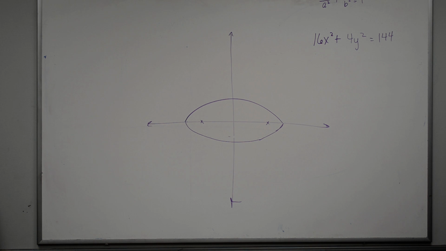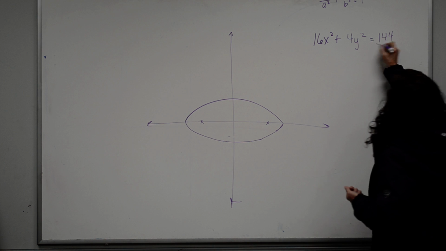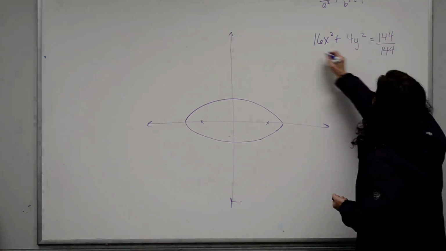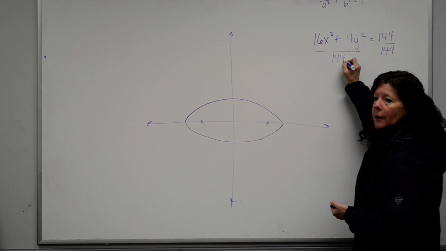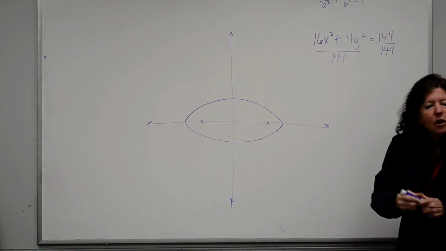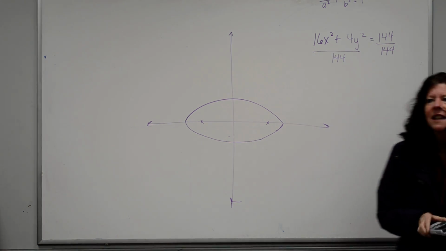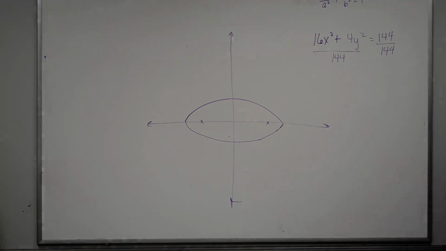I subtract 143 from it, but that doesn't really work. So what would you suggest? How about dividing? If I divide by 144, doesn't 144 divided by 144 equal 1? Okay, so let's divide both sides by 144. Now, take your calculator and go 16 divided by 144.